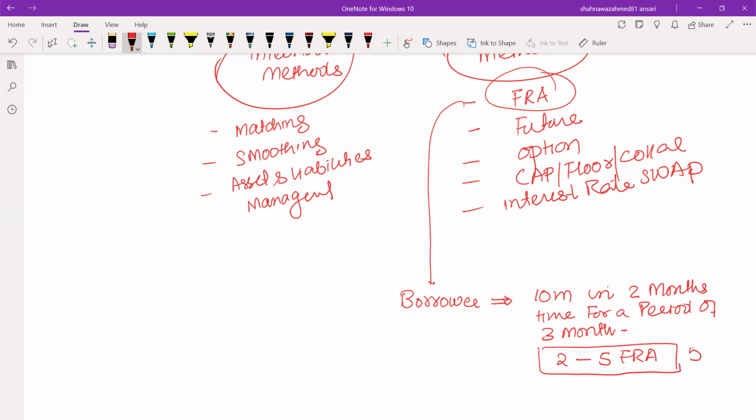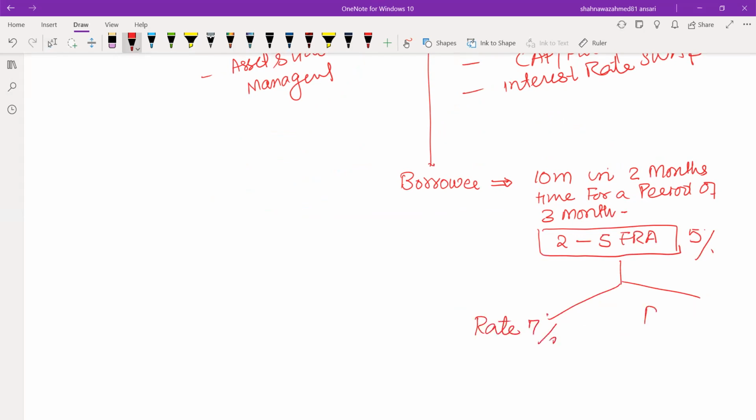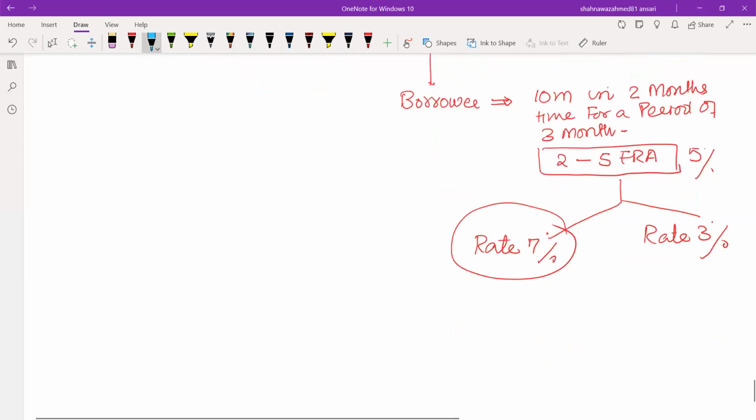So the FRA bank will give you a rate. Suppose it's 5%. Now what would happen if the rate increases to 7% or the rate goes down to 3%? In the first case, as we have committed to a rate of 5%, the FRA bank will pay us the difference.